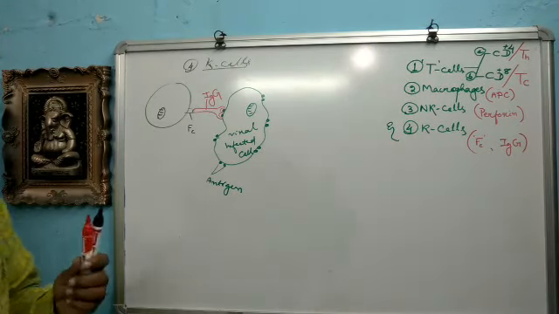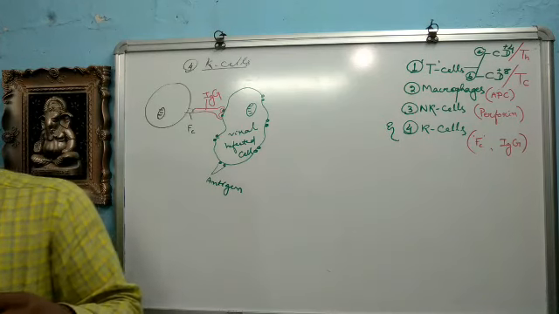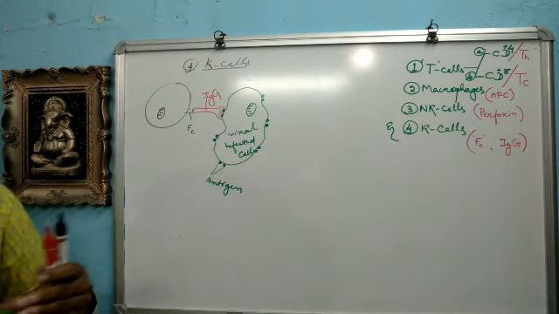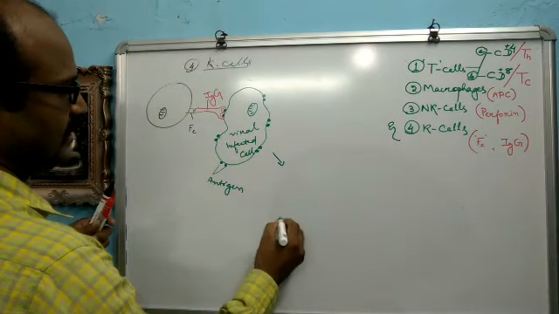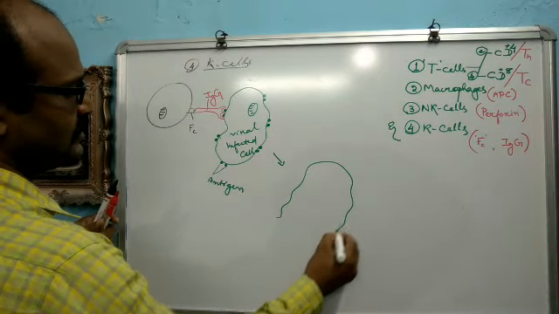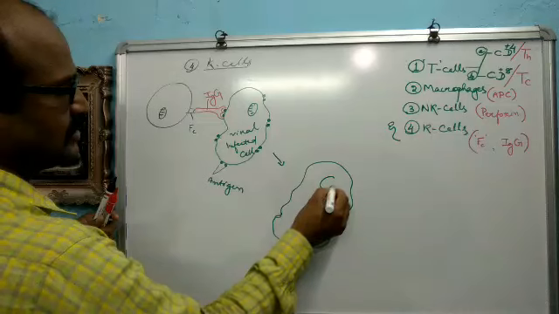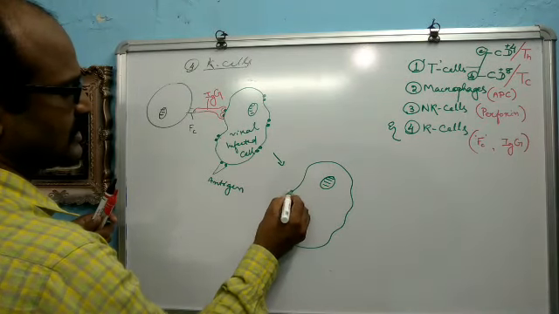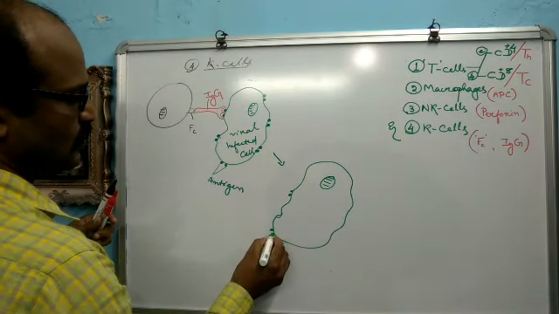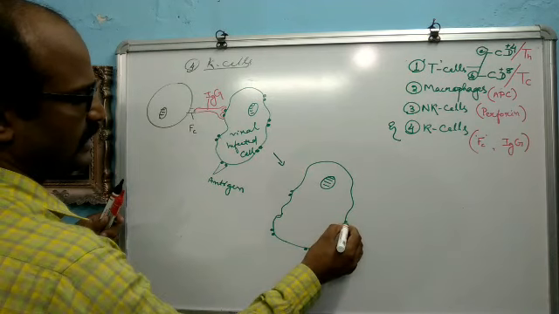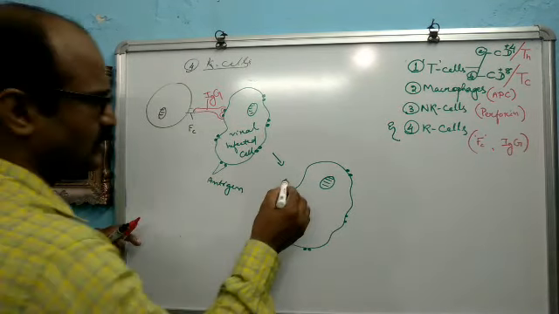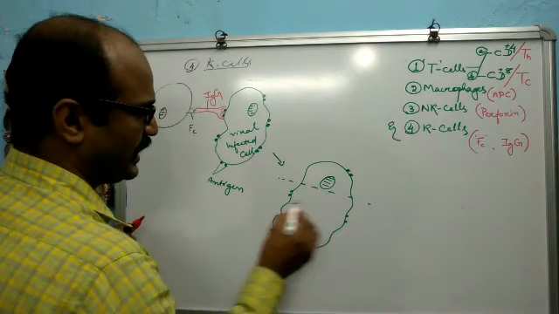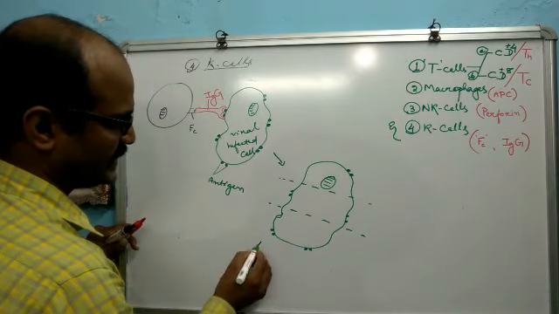After the formation of such a bridge, the viral infected cell becomes toxic, or the toxic effects work on the viral infected cells. That's why the cells automatically get lysis.